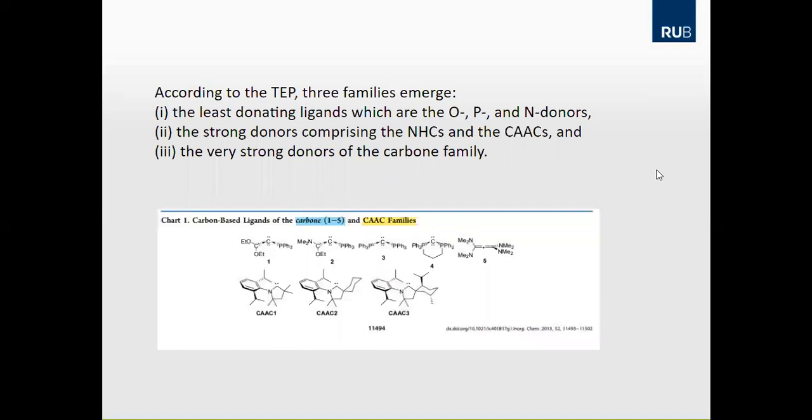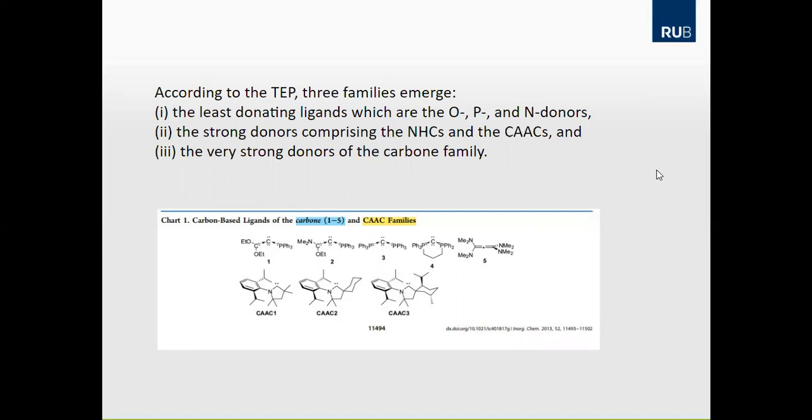And according to TEP, there's a paper by Ahmed Al-Hamini in which they categorized the ligands based on their donating properties into three groups: the least donor ligands, the strong donors, and the very strong donors.